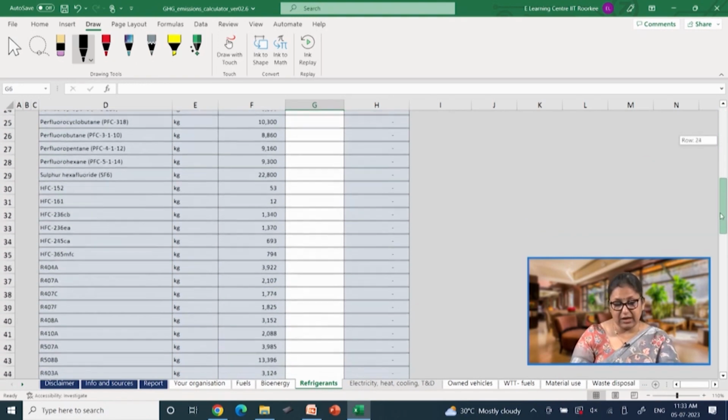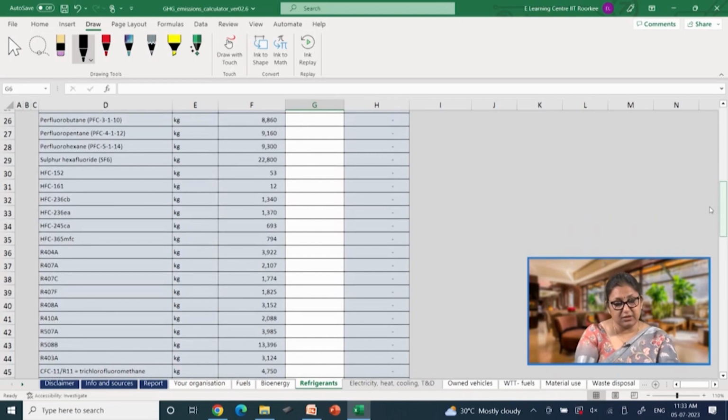If you look at the potential, we have SF6, sulfur hexafluoride, which has a global warming potential 2200 times that of 1 kilogram of carbon dioxide. So, these fugitive emissions might be very small in quantity, they might be very small in number, but their potential is significantly higher, and hence there is a specific mention or tab for tabulating, calculating and measuring that.